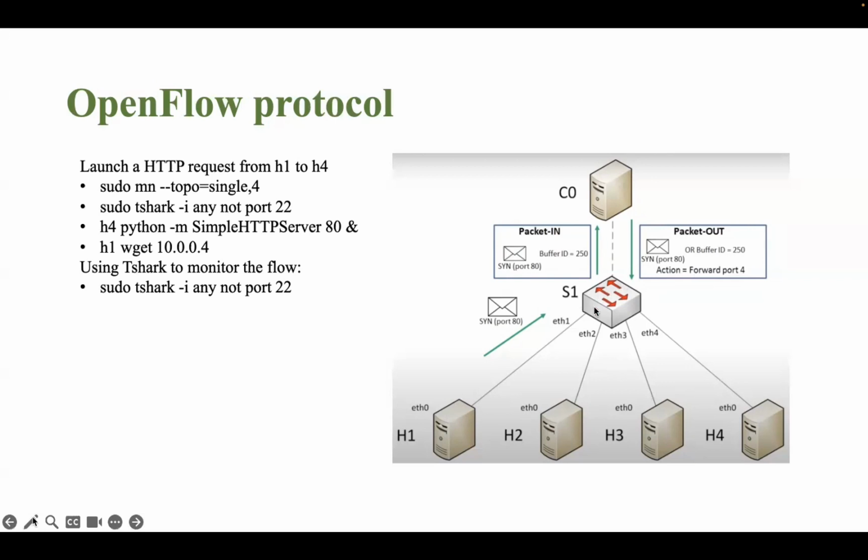So the switch knows what to do with its buffer: just forward the packet at buffer ID 250 to port 4, which connects to host 4. Or the controller could send a flow modification message to the switch.